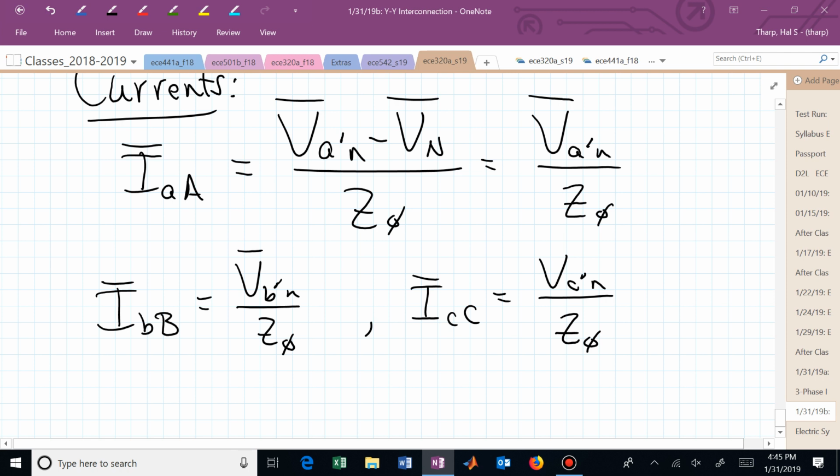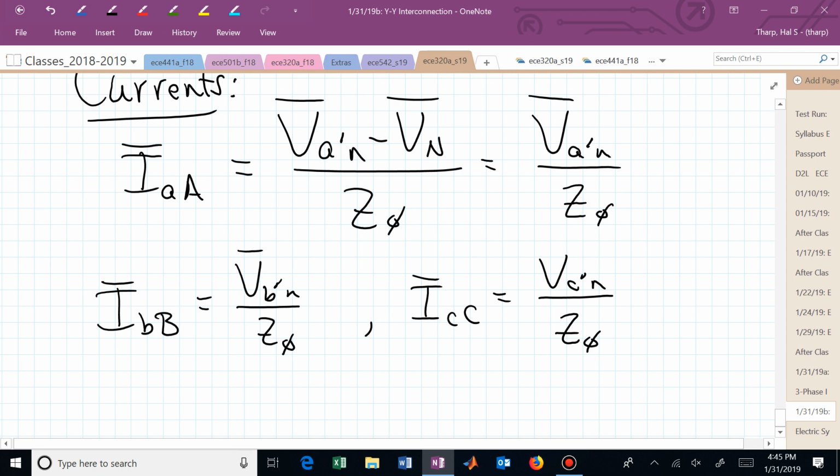So if you know the A phase current, you could give me the B phase or the C phase if I tell you the phase sequence. The upshot of this is we want to be able to solve for the A phase, and then you have the B and the C, because we know they form a balanced set of currents.